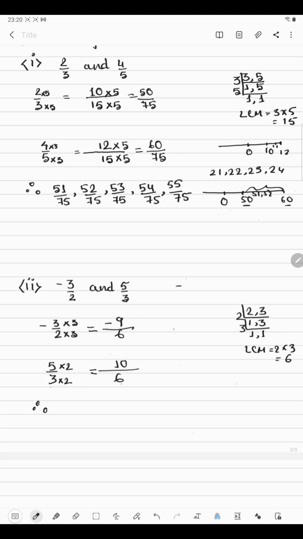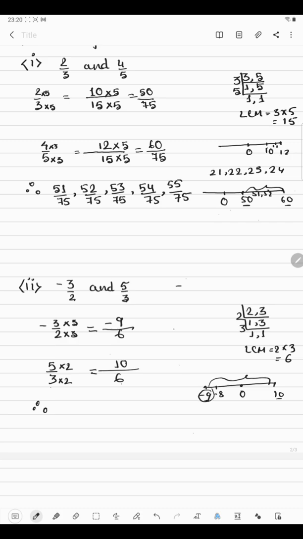So always remember, while taking negative numbers, suppose minus 9 is here, we will not go beyond this; we will have to start from here, because suppose here is minus 9 and here is 10. Okay, we are just writing the numbers which are there in the numerator. So I have written minus 9 and 10, and we will have to write the numbers which are coming in between.